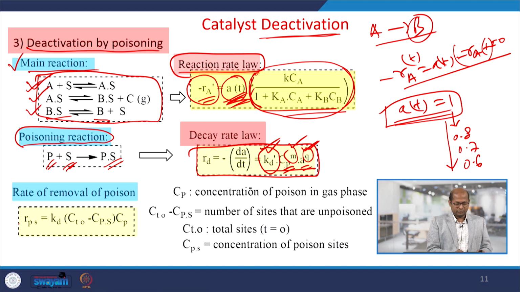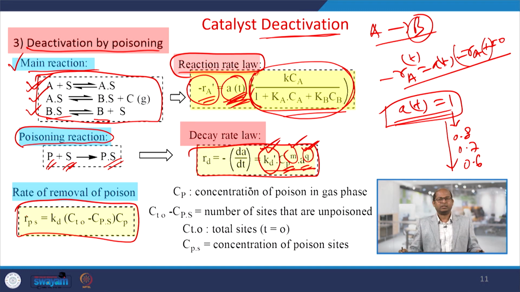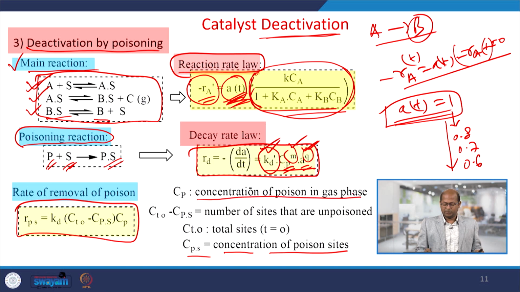Okay. So, for the removal of poisons, Cps is the concentration of the poison sites, Cp is the concentration of the poisons, and Ct0 is the total site presence. Total sites means the total sites at the beginning on the catalyst surface, Ct0, and poison molecules occupy part of that amount.